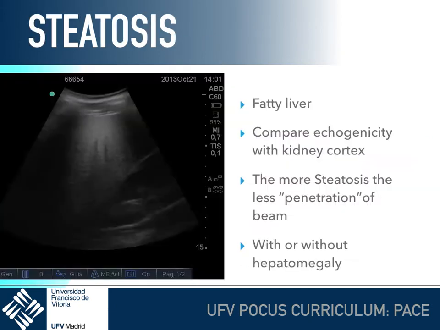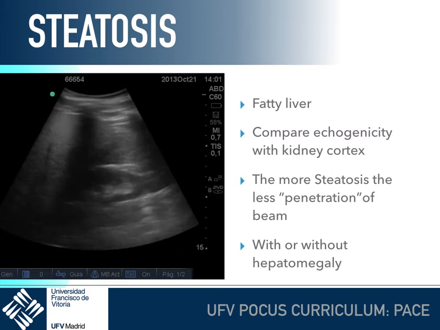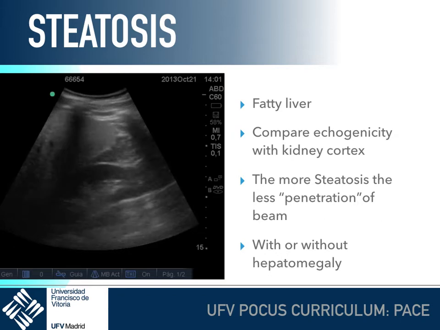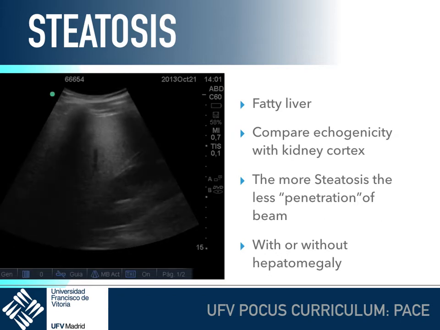The second condition we are assessing while evaluating the liver is steatosis, or the fatty liver, in which the fat inside the parenchyma makes it look spotted. So we need to first compare the echogenicity with the kidney cortex.